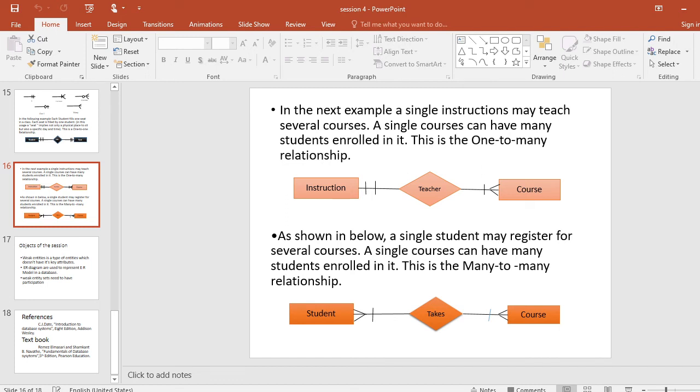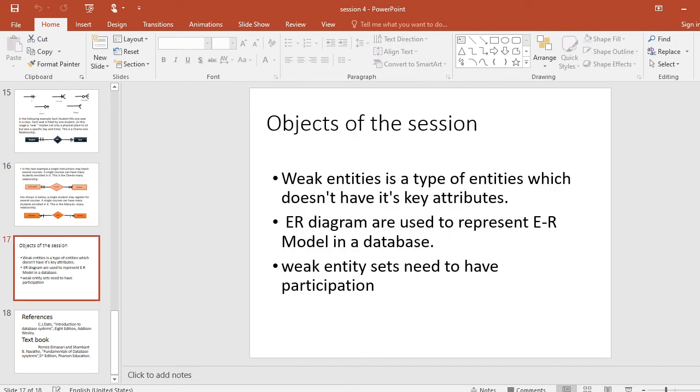So the objective of this session: a weak entity is a type of entity which does not have its key attribute.